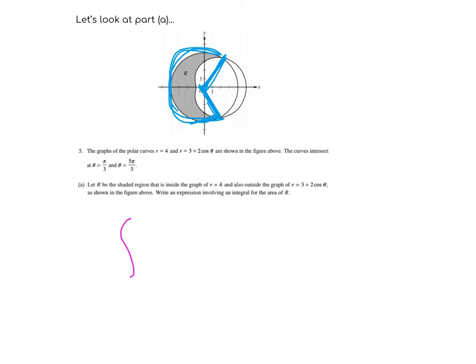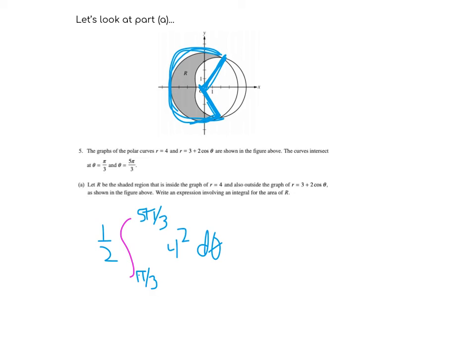So if I integrate from pi over 3 to 5 pi over 3 of 1/2 r squared d theta, that will get me the circle.